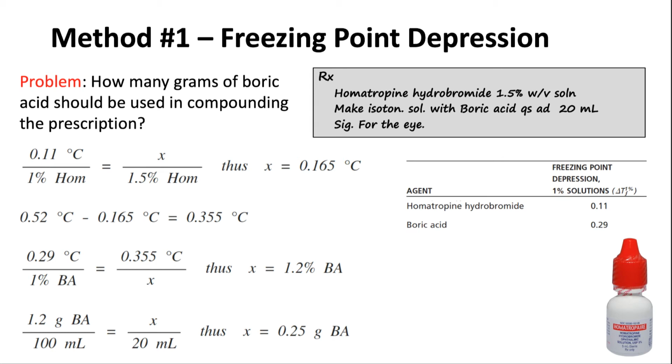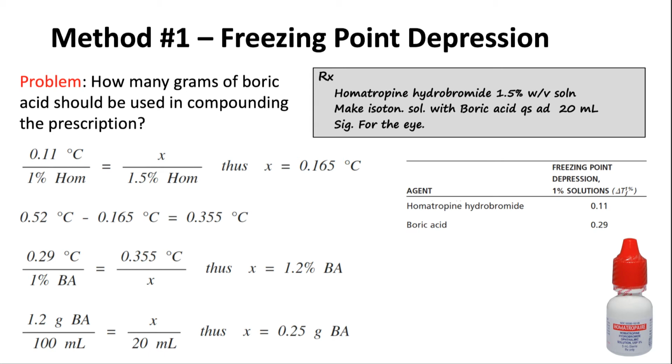Set that equal to some unknown change in temperature, x, over when we use our required concentration, which is 1.5% homatropine. If we solve for x, we take 0.11 times 1.5 divided by 1. Numerically we get 0.165, and the units would be degrees Celsius. So the 1.5% homatropine will reduce the freezing point by 0.165 degrees Celsius.